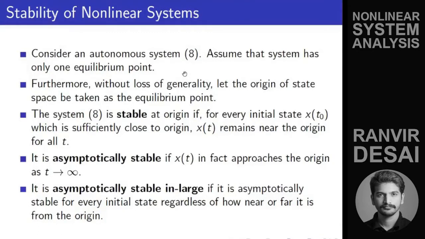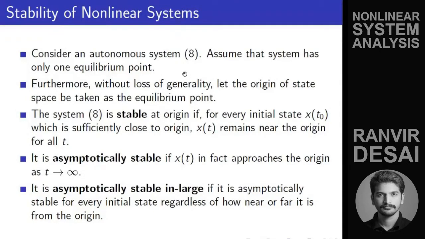Then one more definition is there. It is called asymptotically stable in large. Now this "in large" is a word. This is also called globally stable. It is asymptotically stable in large if it is asymptotically stable for every initial state, regardless of how near or far it is from the origin. So we considered a region of radius 3.